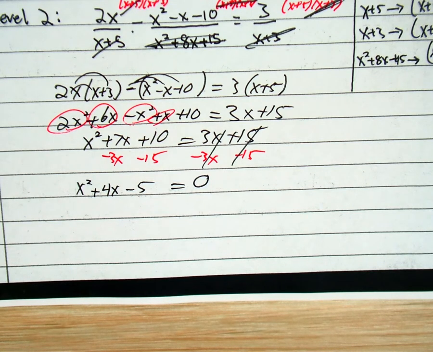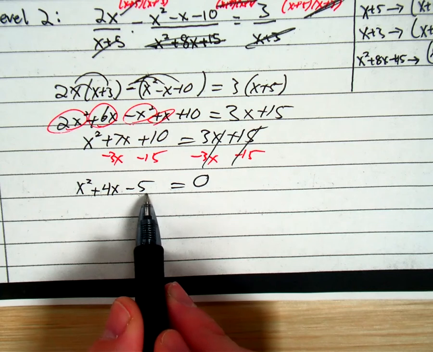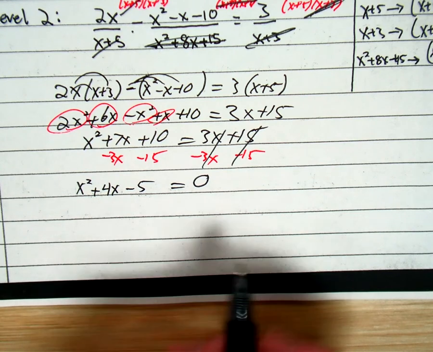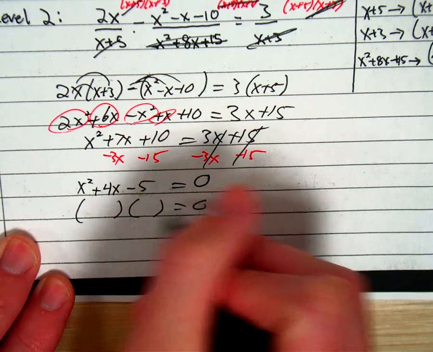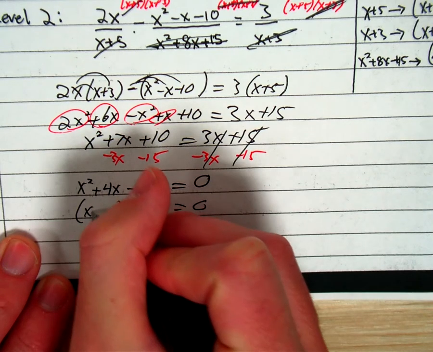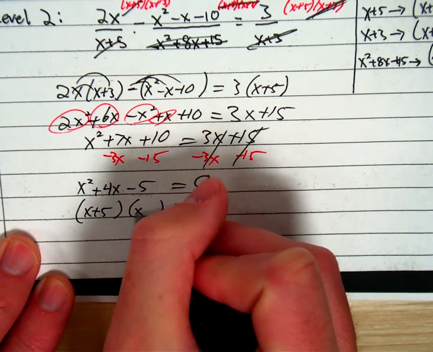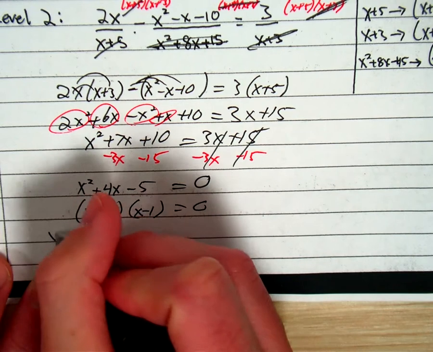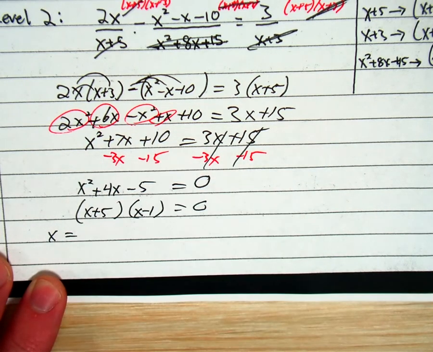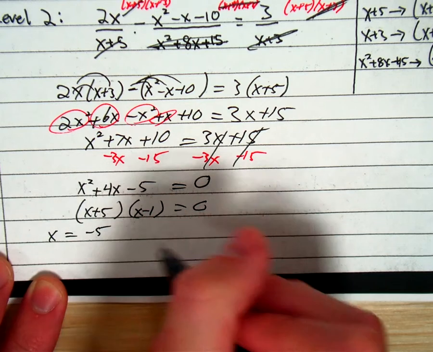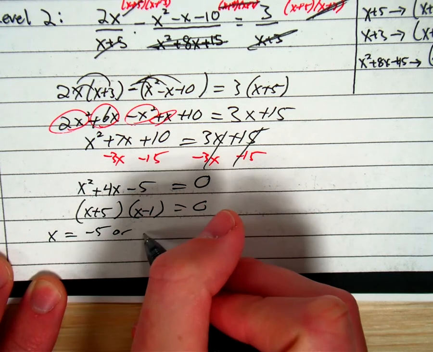What multiplies to negative 5 and adds to 4? How about an x plus 5 and an x minus 1? So my x's would equal negative 5 or positive 1.